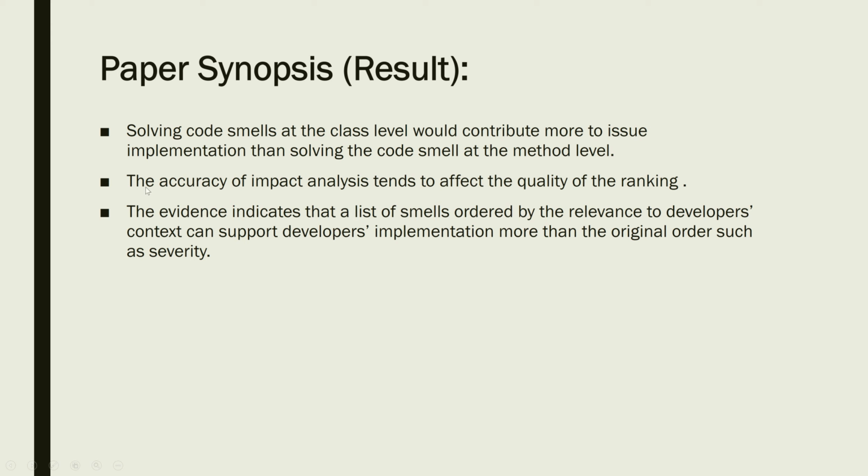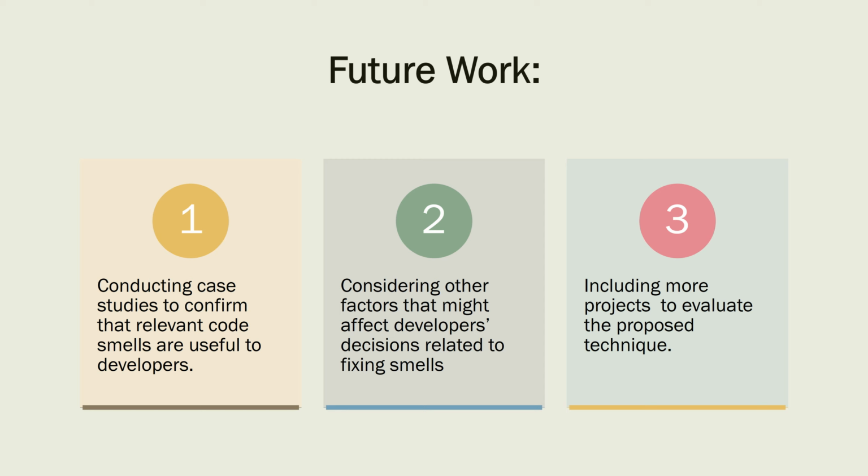For the second question, yes, the accuracy of the impact analysis tends to affect the quality of the ranking. And lastly, for the third research question, the study showed that context-based smell prioritization provides more relevant results than severity-based smell prioritization.